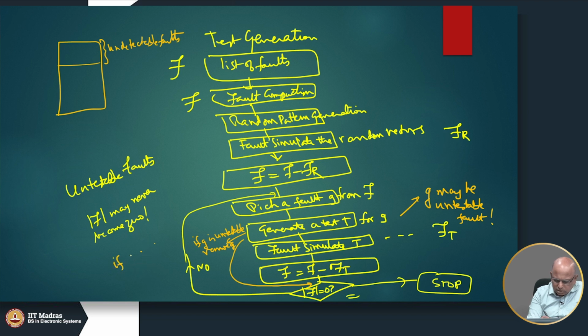If generating T is taking too long, drop G, okay, and then proceed here. So, such a fault is called an aborted fault. So, these are aborted faults.